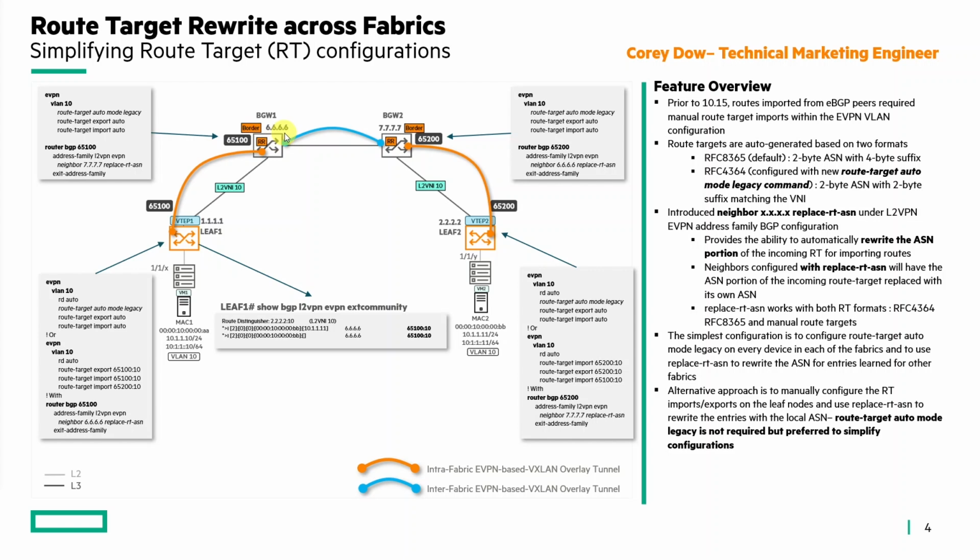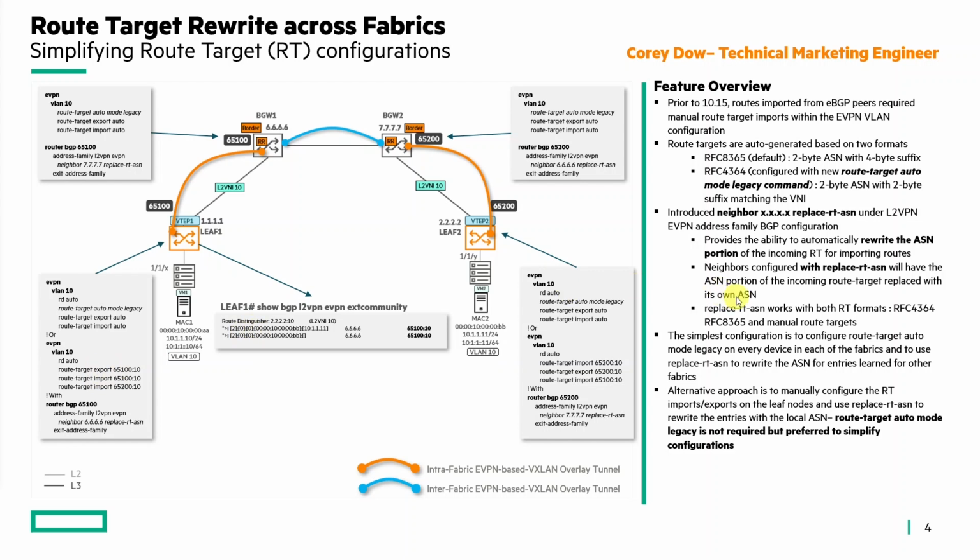So when this packet comes from the other side, from the other fabric over to this VTEP1 with replace RTASN, it's going to rewrite that. The route target would have initially been 65200:10, and it's now rewritten as 65100:10, so that the MAC entries can be programmed automatically without having to have these manual imports in place.